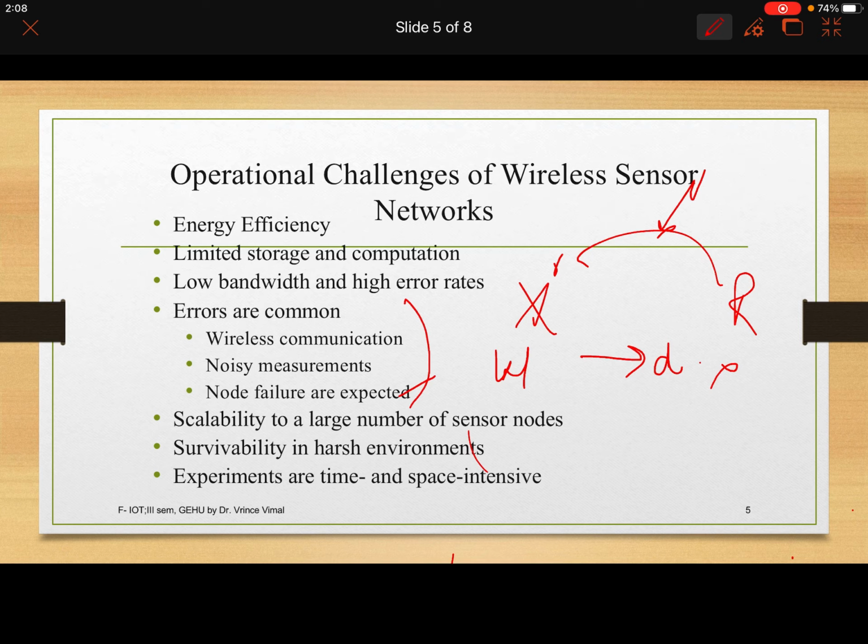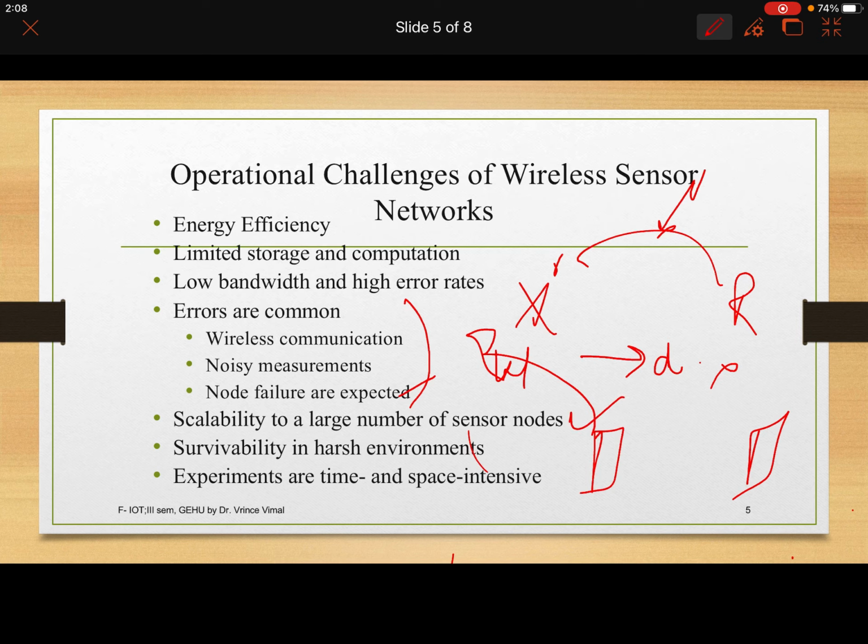Wireless communication is very dependent on environmental changes, so a lot of losses are incurred as the environment changes. These sensors talk with each other in a wireless medium, so they should be robust enough to combat all these challenges.